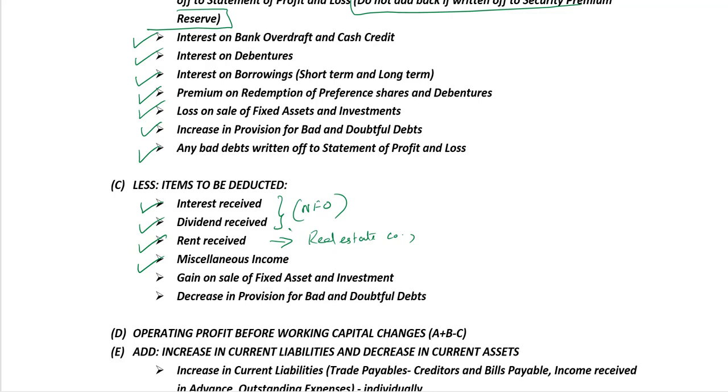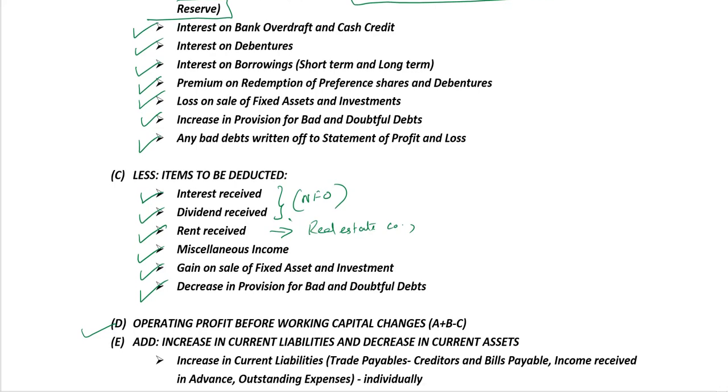Gain on the sale of fixed assets and investments needs to be deducted. And decrease in provision for bad and doubtful debts also needs to be deducted. Now, after adjusting the non-cash and non-operating items, after adding the items to be added and deducting the items to be deducted, we arrive at what is called as operating profit before the working capital changes.